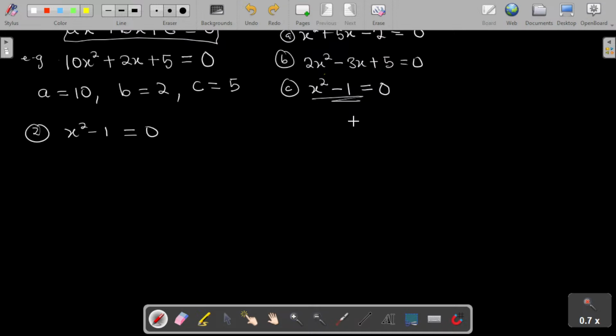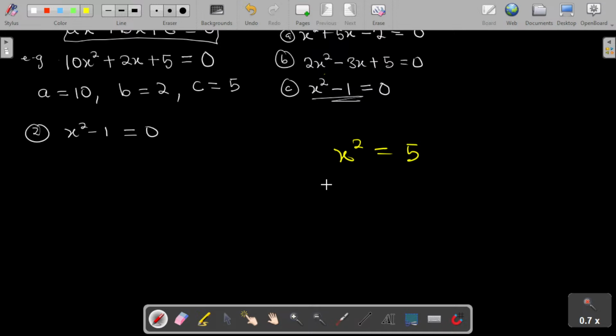In fact, if you have something like x squared equal to 5, this is a quadratic equation. Ijoma, I can see your response. Yes. If you have x squared equal to 5, it's a quadratic equation. You know why? Because the highest power of x is 2. Once it is there, then it is a quadratic equation already.